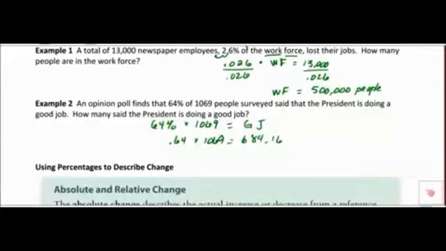Now, when we get results, they need to be in the context of that particular problem. 64% of 1,069 is 684.16, but these are people. And when we're dealing with people, we don't want to have a portion of a person. So we have to make sure that we round this to a nice whole number. So I would round this to 684 people.